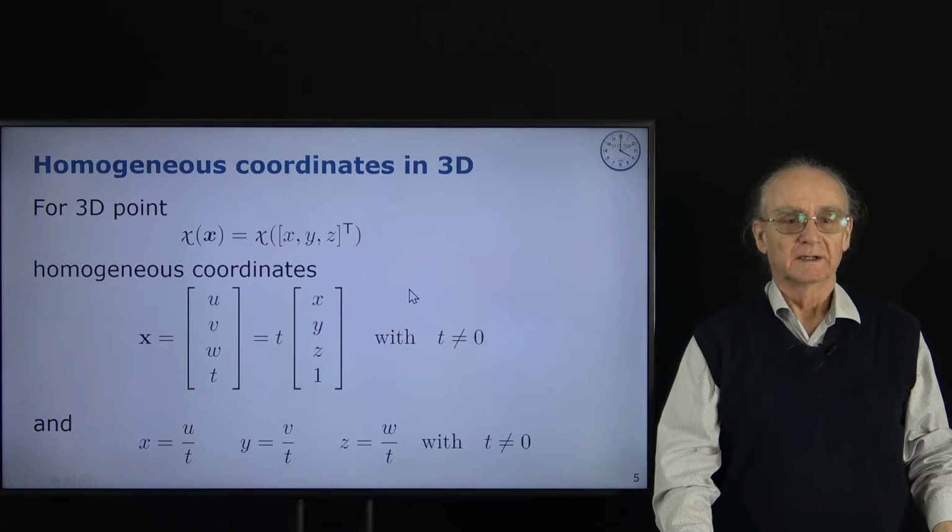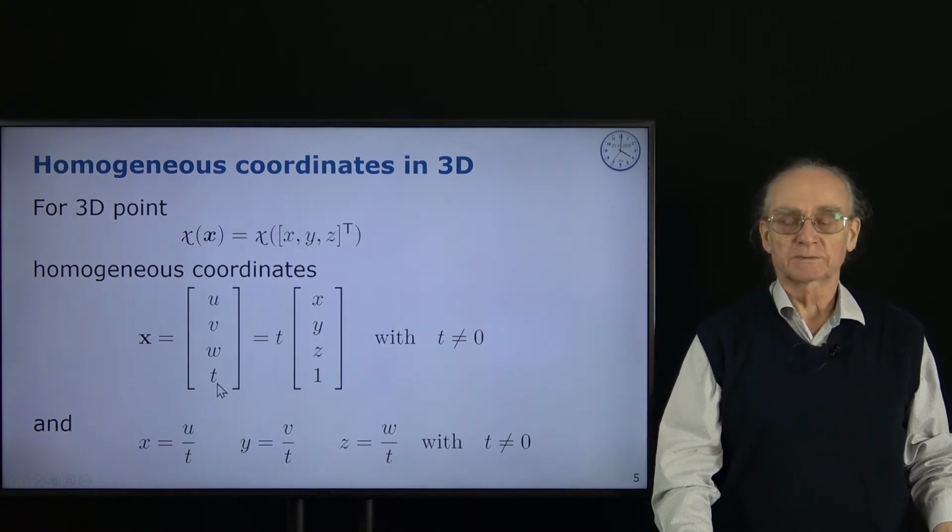homogeneous coordinates. So for a 3D point x, calligraphic, with non-homogeneous coordinates x, y, z, we have the homogeneous coordinates. This is just the 3 coordinates x, y, z with 1 added to it, and multiplied with some arbitrary factor t, which should not be 0. Then we get a homogeneous vector u, v, w, t.